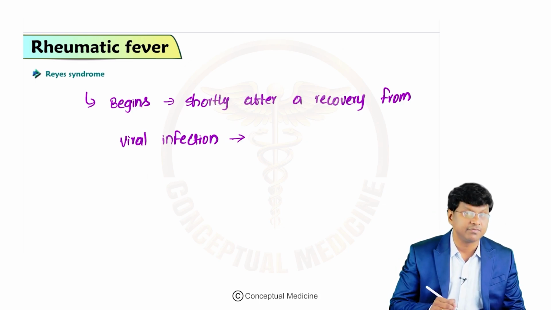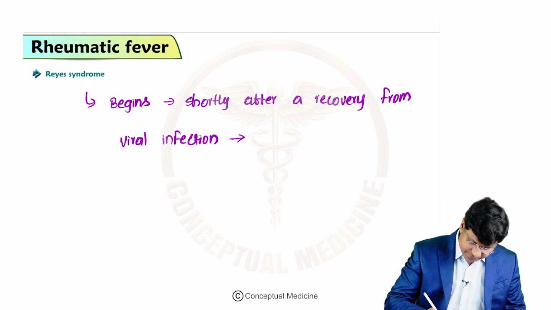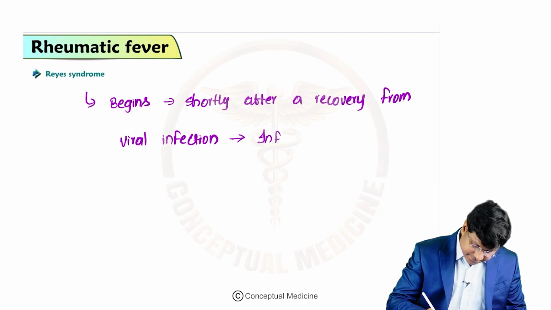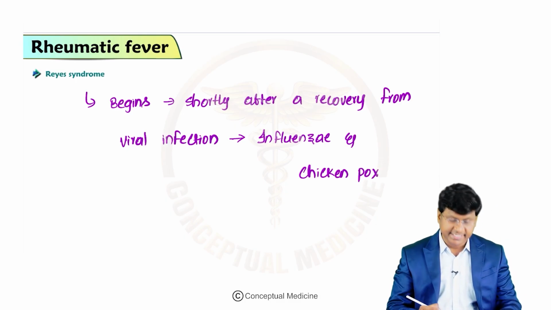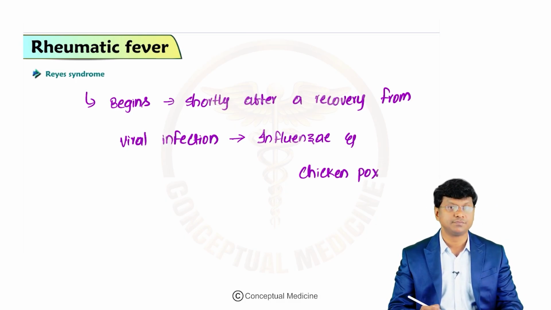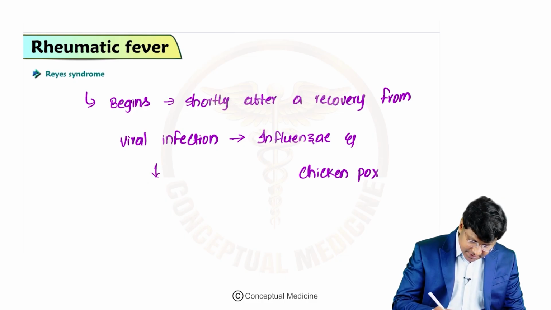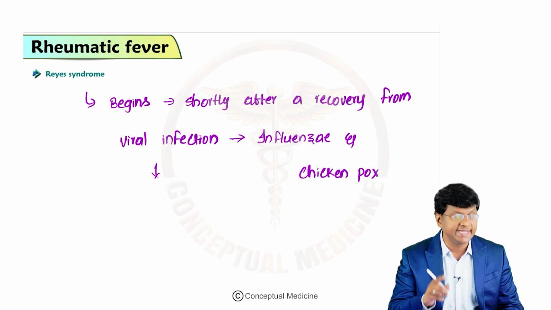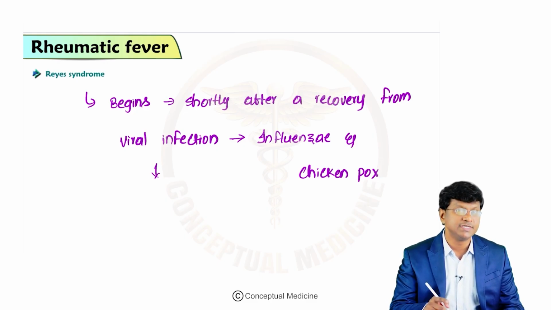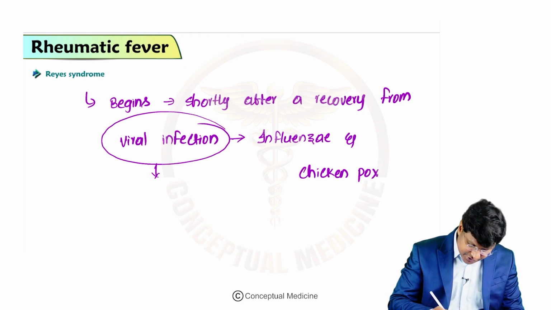And what is that particular viral infection? Such as influenza and chickenpox, right? And secondary to this viral infection, in almost 90% of cases in children, they are associated with aspirin use, right?